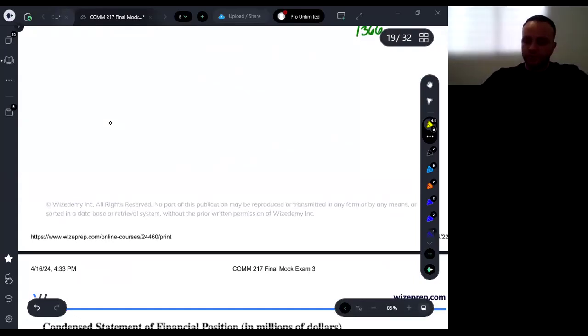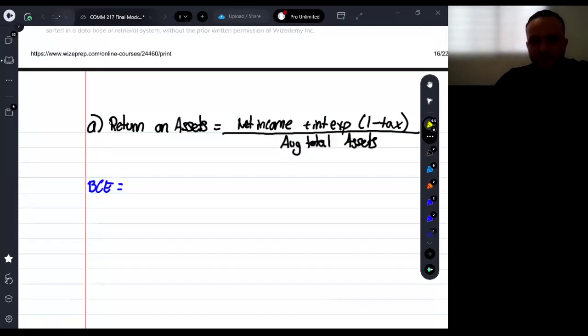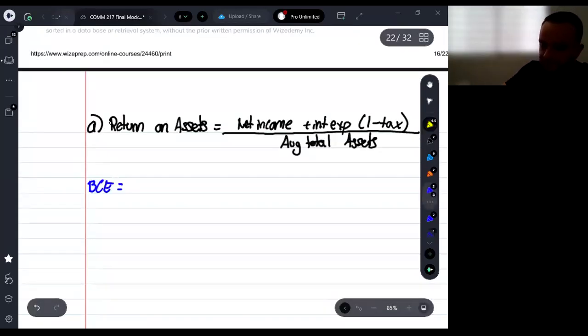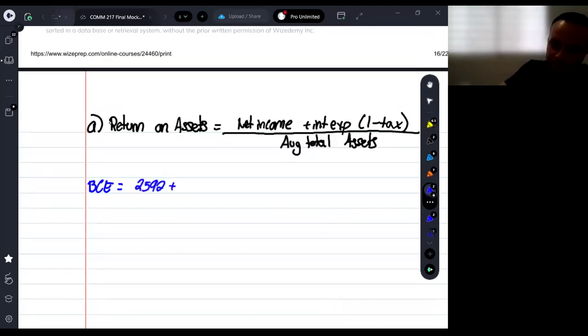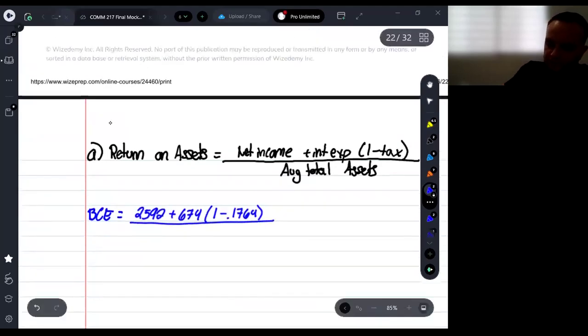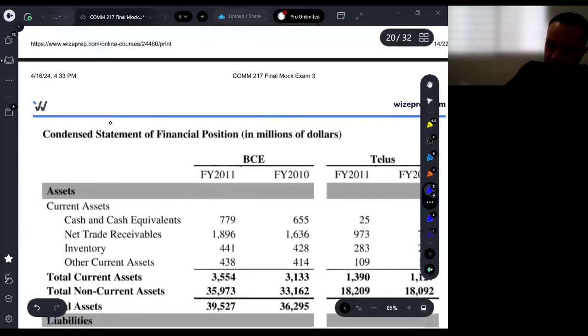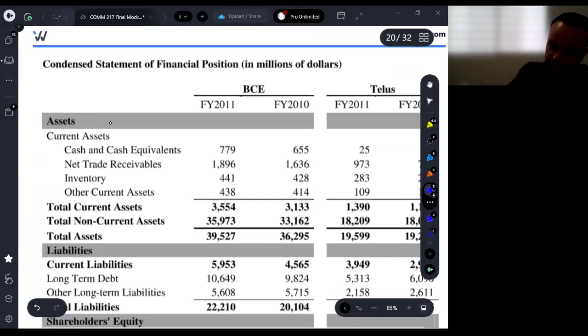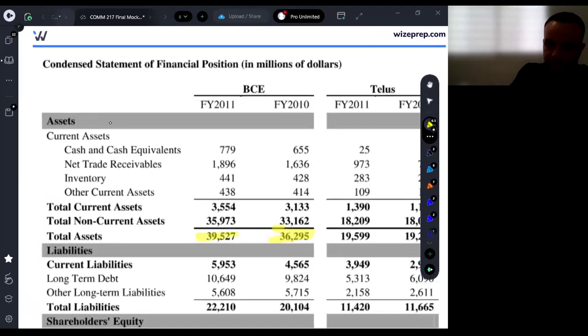Okay, so using those exact numbers for BCE, for Bell: 2592 plus 674, times 1 minus the tax, over average total assets. So we're taking this plus that over 2. That plus that over 2.